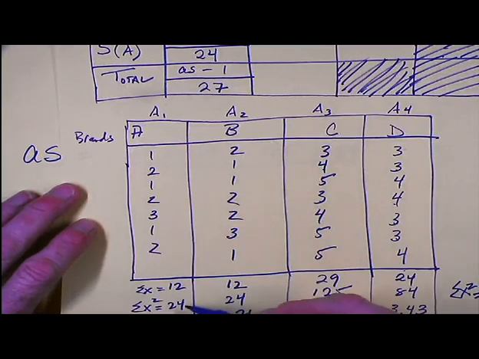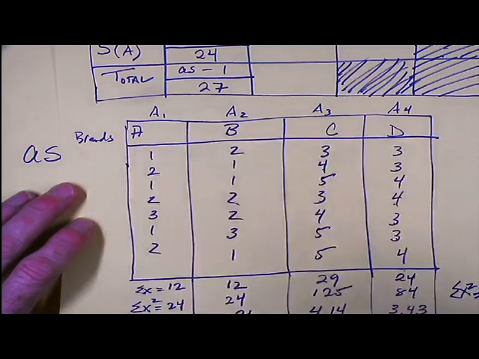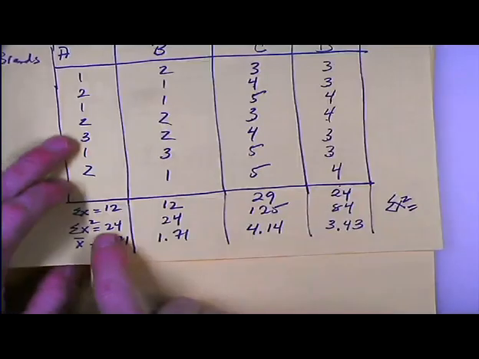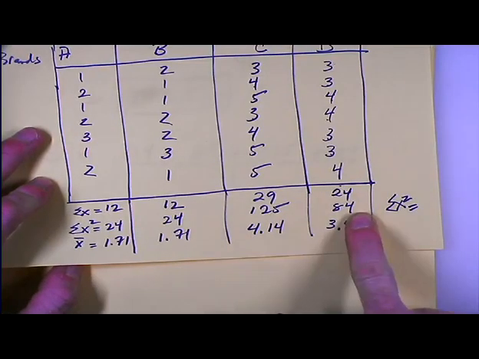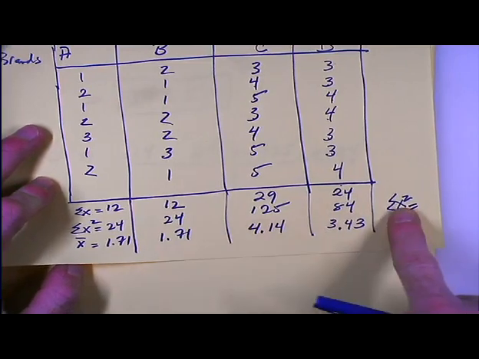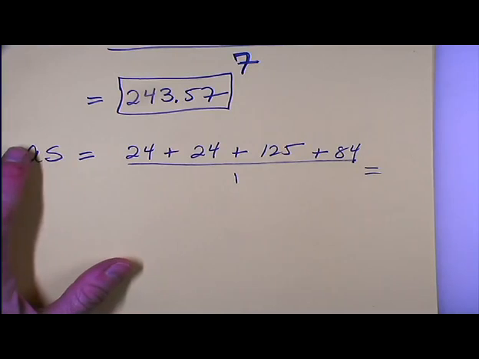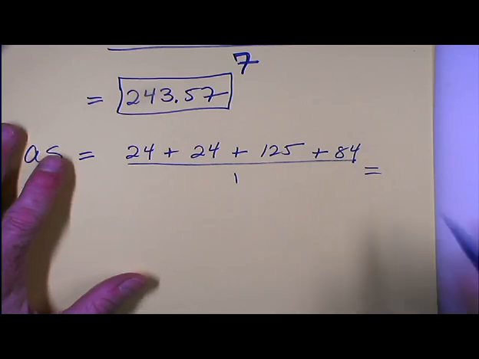This 24 is as if each of these values was squared individually and added up. We're just cheating a bit because we already did it in the calculator, so all we need is these 4 values. So here, let's just add that: 24 plus 24 plus 125 plus 84. All right, so I got 257.